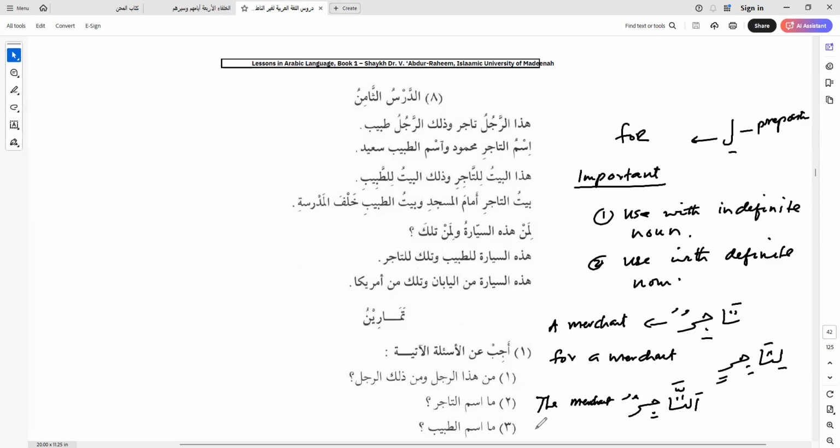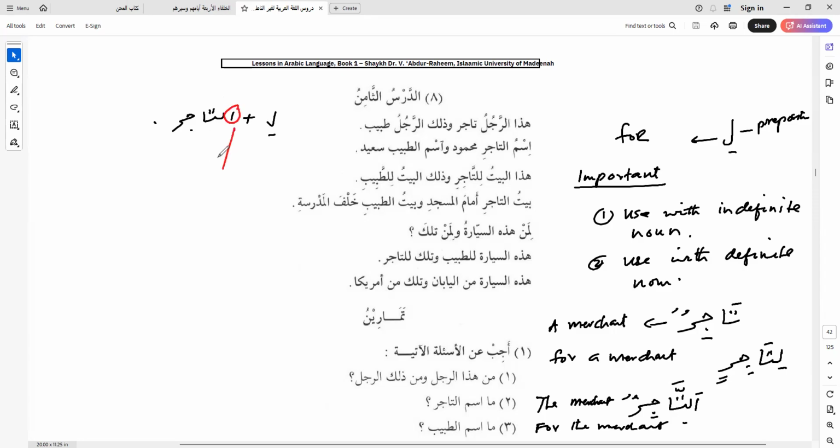Now, what about if you want to say for the merchant? This is where it gets tricky. So what you have to do is that anytime you are adding li to a word with the definite article, you need to drop the alif of the al.